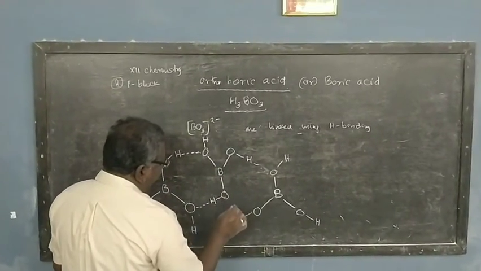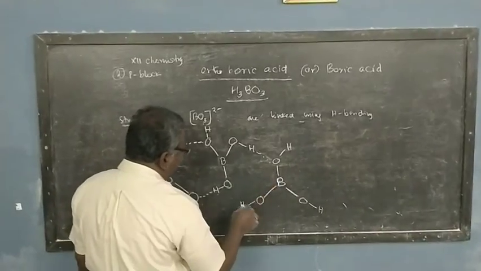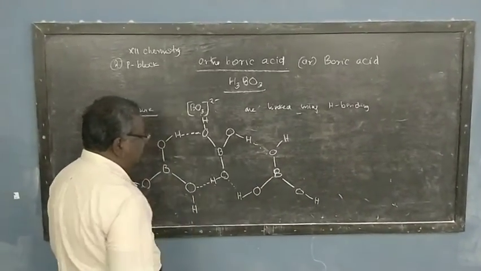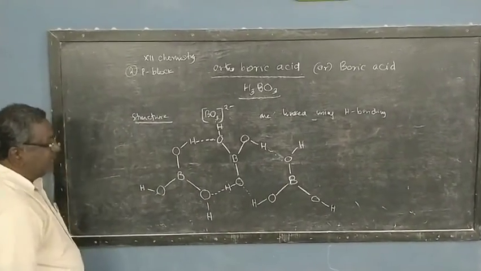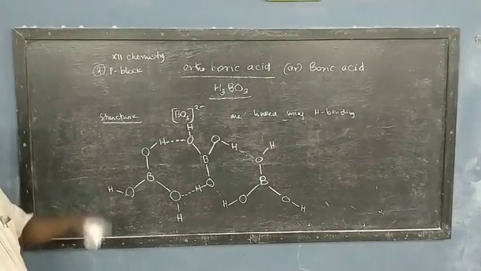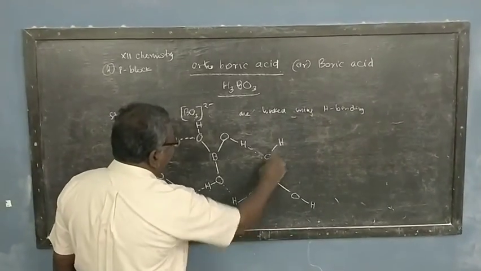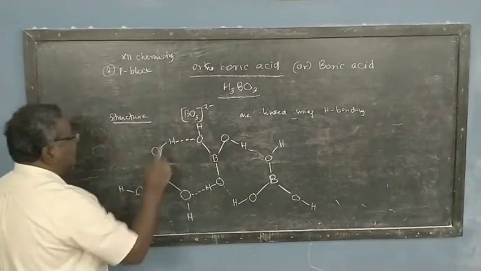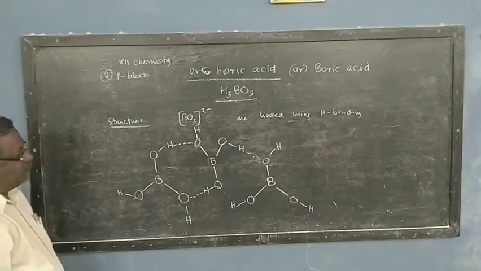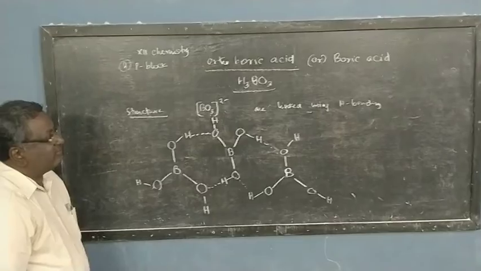Between these two, there will be hydrogen bonding. So one hydrogen bonding will be formed, another hydrogen bonding will be formed. So like that, hydrogen bonding will be formed between boric acid molecules. So every boron will be surrounded by 3 OH groups, and there will always be 2 hydrogen bonds formed at 2 different places. So this is the structure, right?